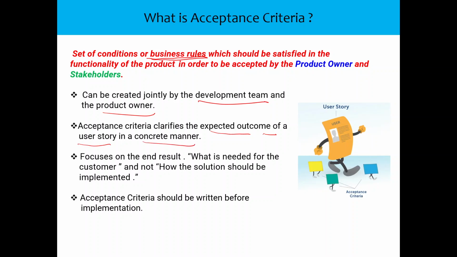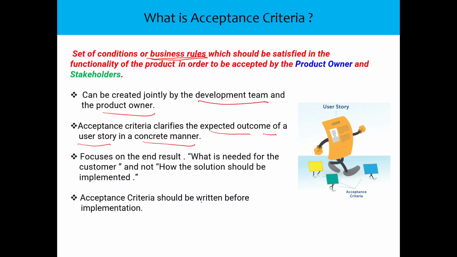In the next slide, I will show you how to write a user story. It focuses on the end result, meaning what is needed for the customer and not how the solution should be implemented.